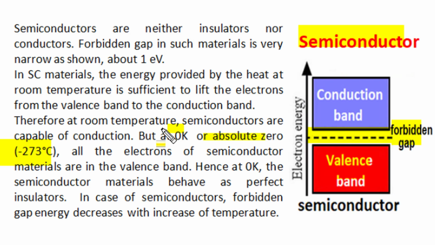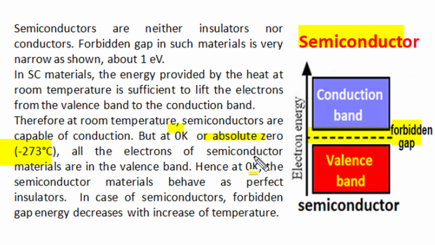So at 0 Kelvin in silicon, this valence band is completely filled as 4 electrons per silicon atom, and this conduction band is completely empty as 0 electrons per atom. And since there is no electron in conduction band, the semiconductor material at absolute zero temperature behaves like a perfect insulator.